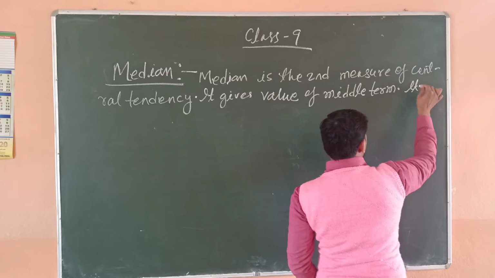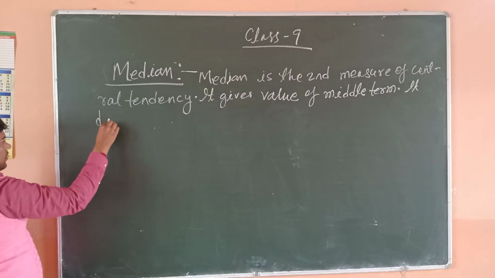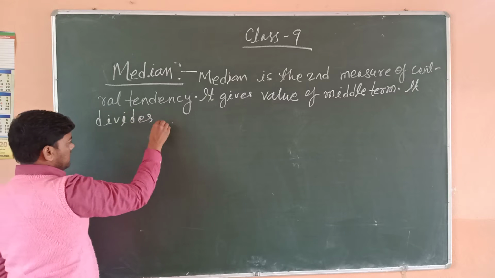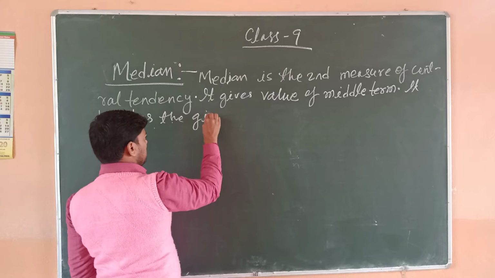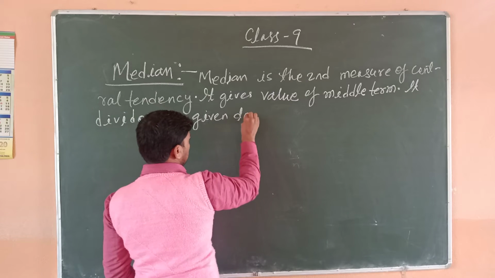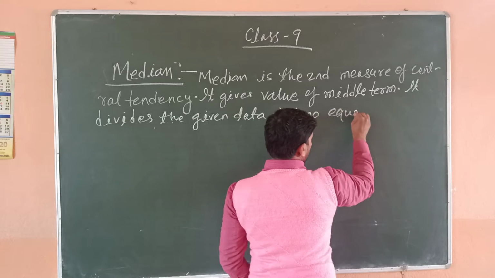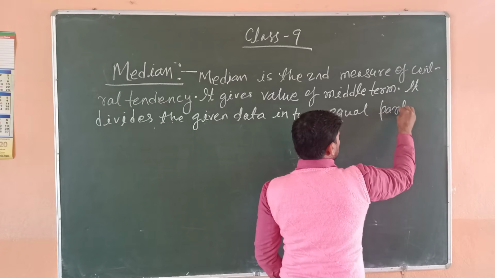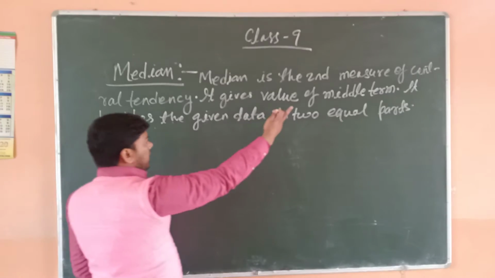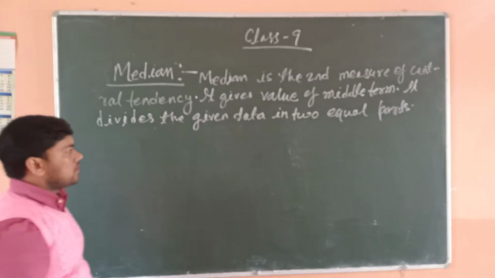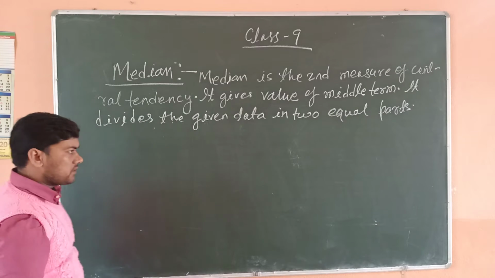It divides the given data into equal parts. Median is the second measure of central tendency. It gives the value of the middle term and it divides the given data into equal parts.